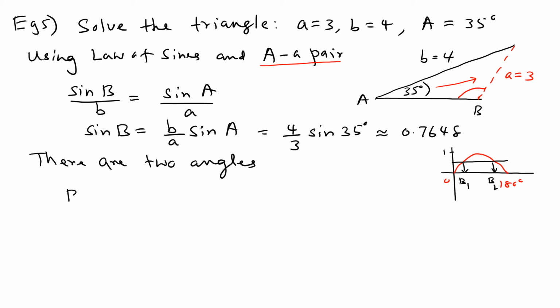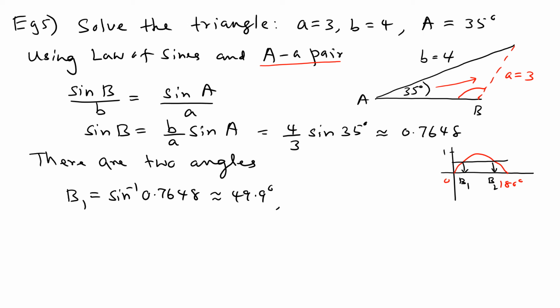So we can say B1 comes directly from the inverse, which is sine inverse of 0.7648, and with a calculator this is roughly 49.9. To find the other value, it is 180 minus this angle.